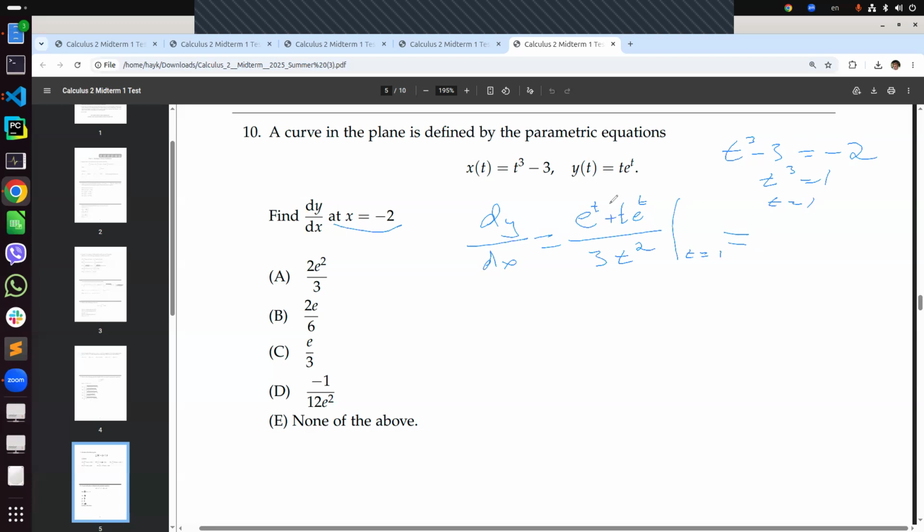t equals 1 gives numerator 2e divided by, at t equals 1, 3. So 2e divided by 3. 2e divided by 3.